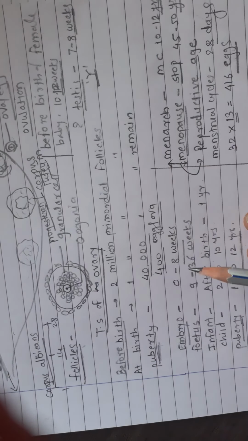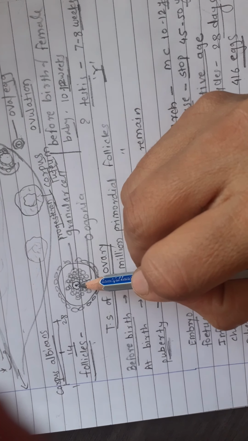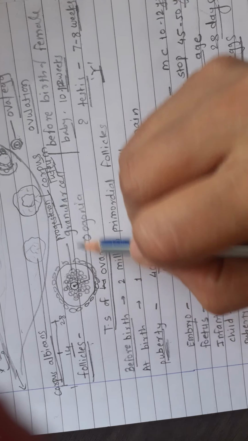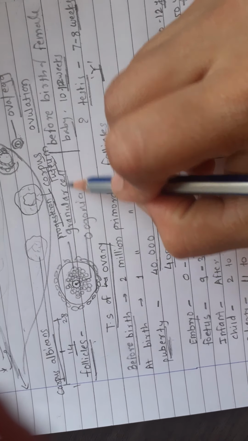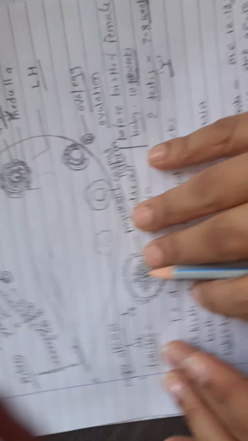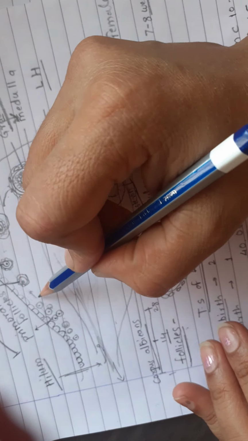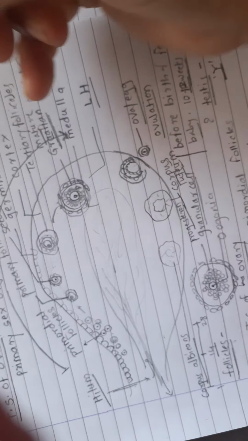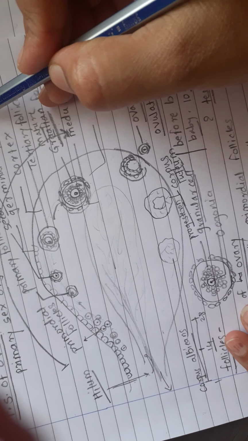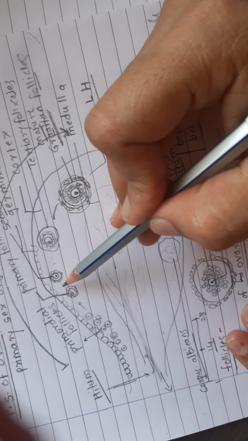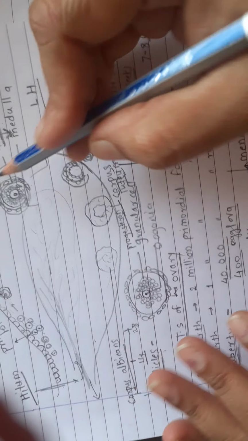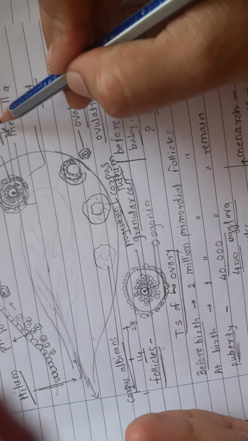What is a follicle? A follicle is a group of cells enclosed by many layers of granular cells. These primordial follicles grow under the influence of FSH and estrogen. They change into primary, secondary and tertiary follicles, and grow into Graafian follicles.